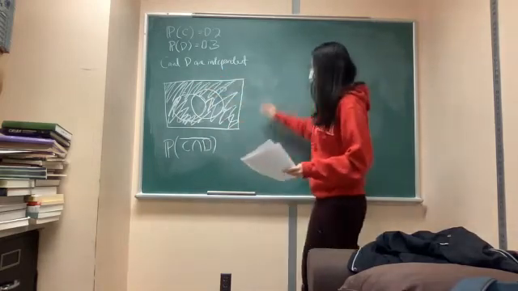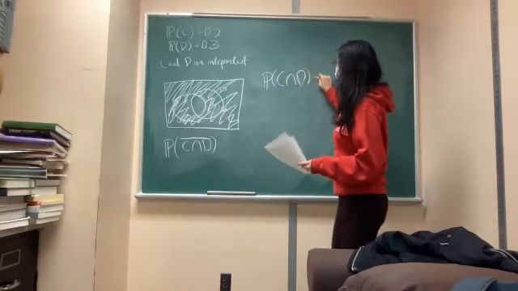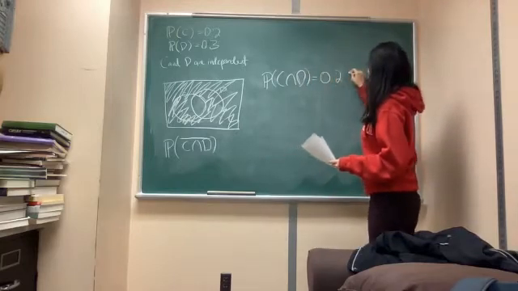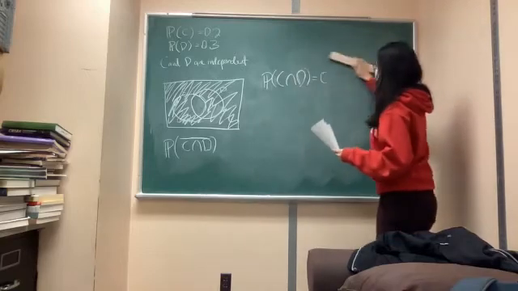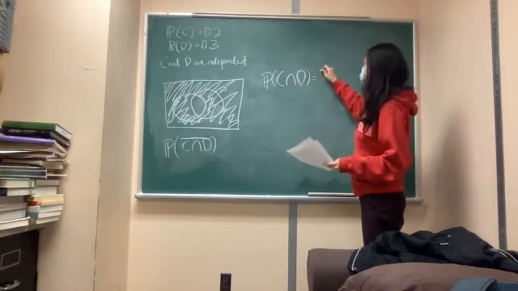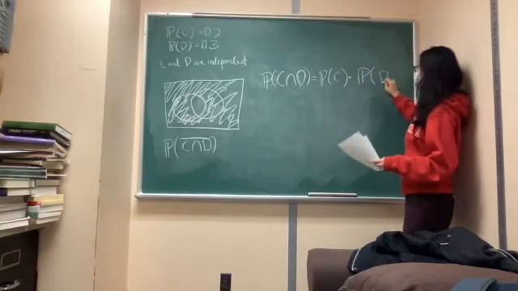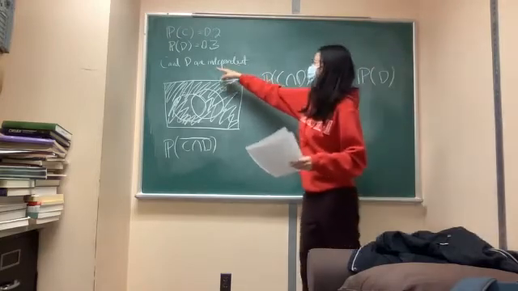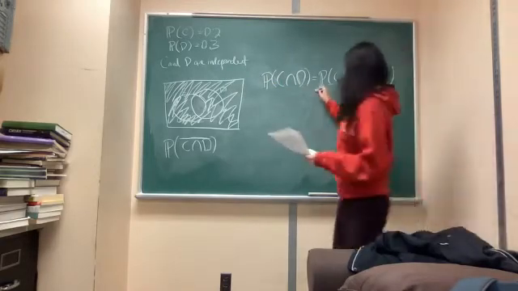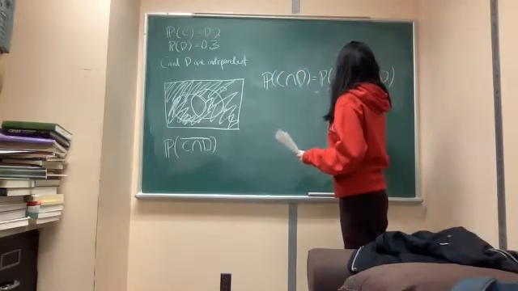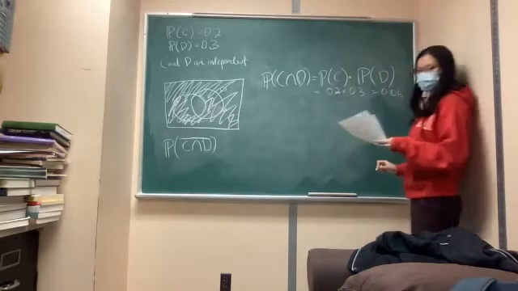Since C and D are independent, the probability of C and D both happening is the probability of C multiplied by the probability of D. This is only under the situation where they are both independent, as we have mentioned before, but they are, which is perfect. So then we know that it's 0.2 times 0.3, which means that it's 0.06. Okay?